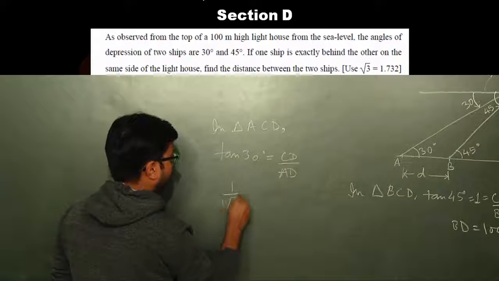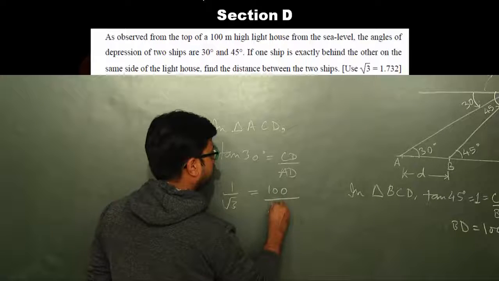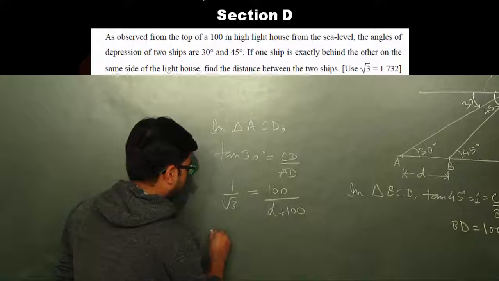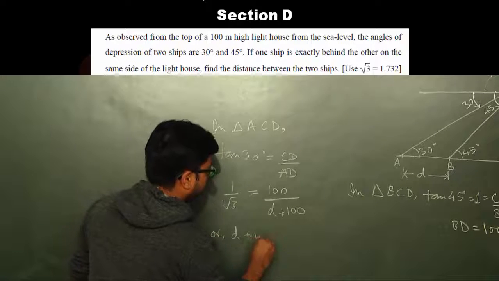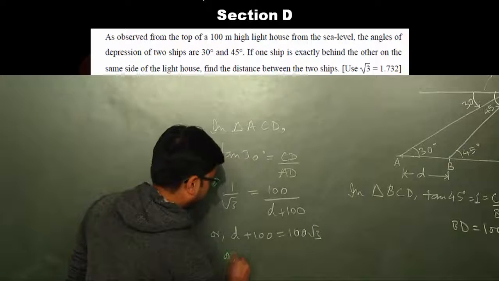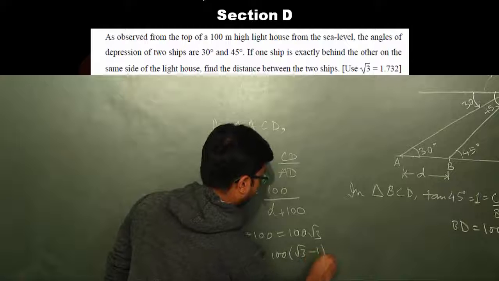So you have 1 by root 3 is equal to CD, which is 100, over AD. And what is AD? AD is d plus BD, and BD has come out to be 100. So you have d plus 100 is equal to 100 root 3. So you have d is equal to 100 times root 3 minus 1.